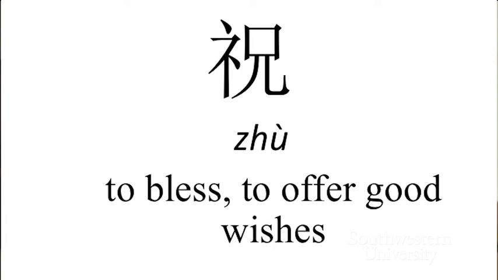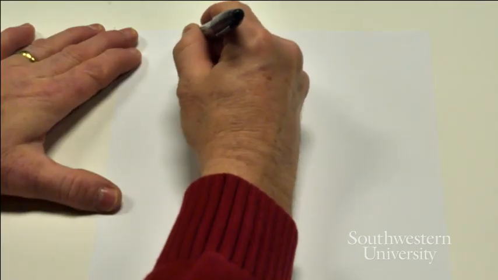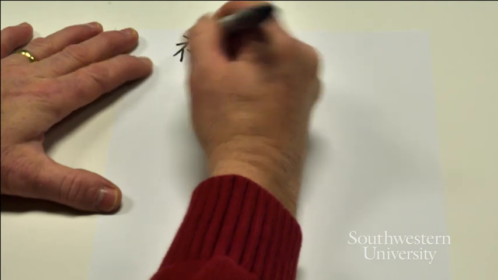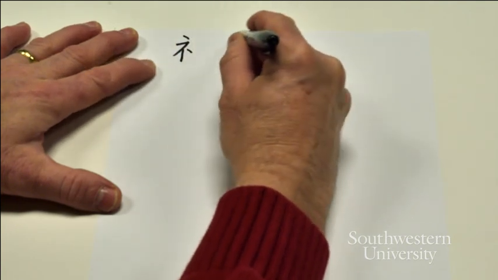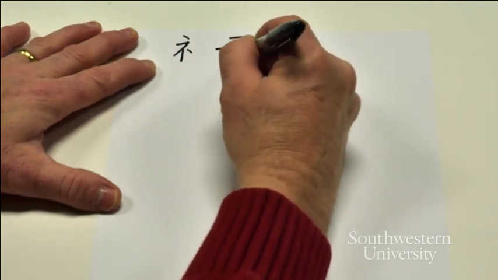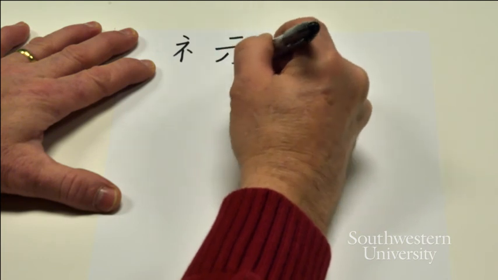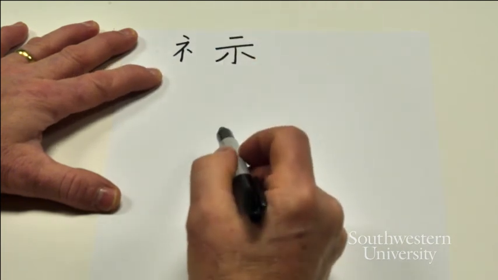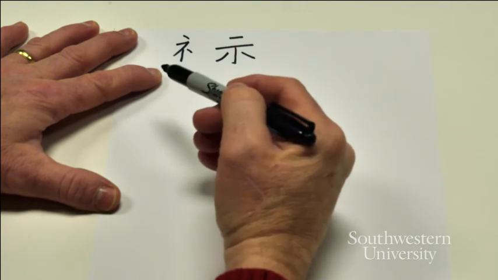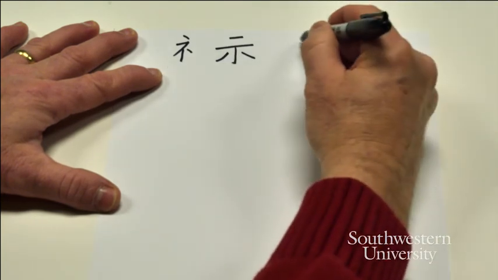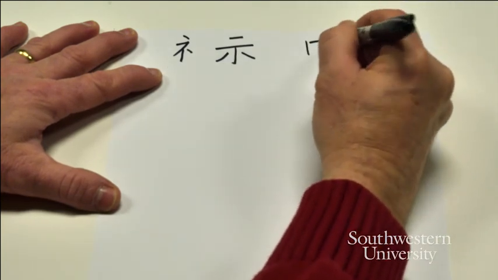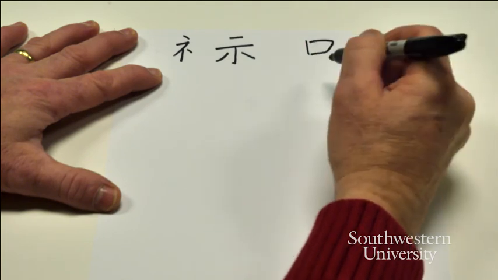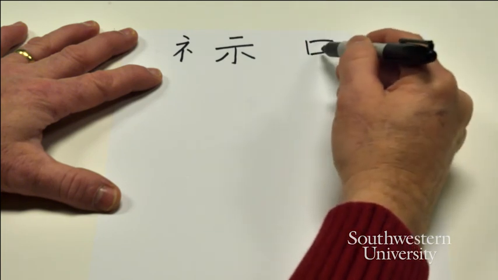The next character, zhu, to wish someone well. The radical looks like this. It is shi, anciently written like this. Actually, as a character on its own, it's written like that. An ancient depiction of an altar. The right-hand side is the signific. It means auspicious, good fortune.